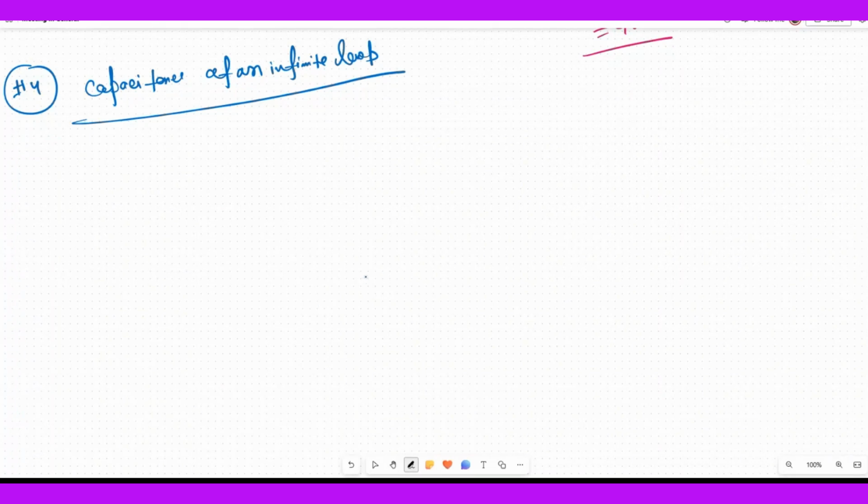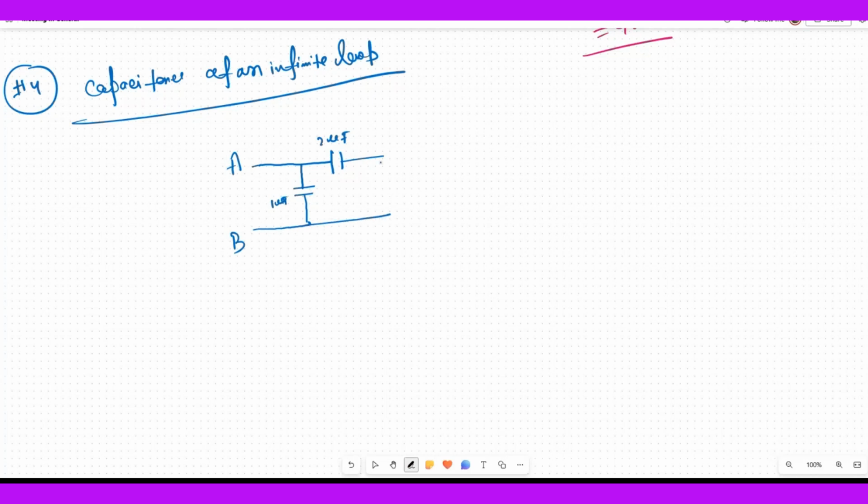So the circuit is given in this manner, an infinite loop. This is 2 microfarad. This is 1 microfarad. And this part repeats, continues in this manner. This is 1, again 2.